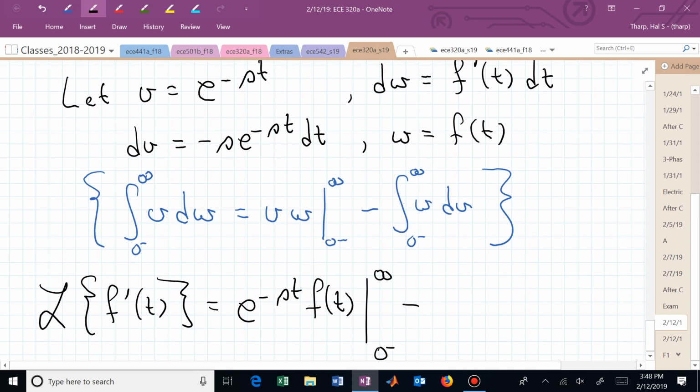And we subtract the integral of w, which is f of t, dv, which is now this minus s e to the minus st dt.